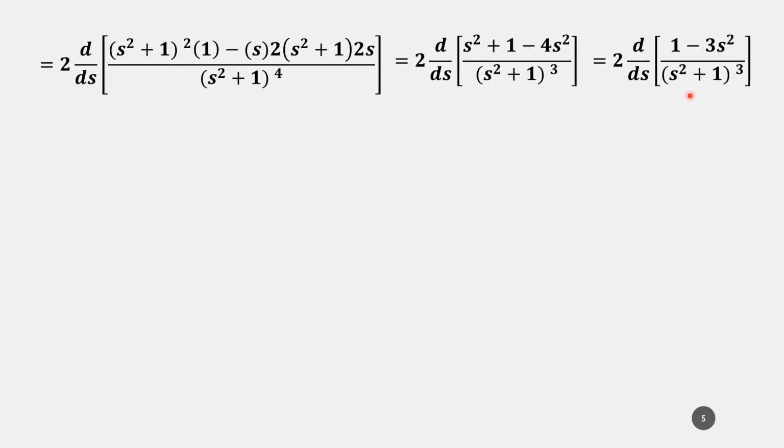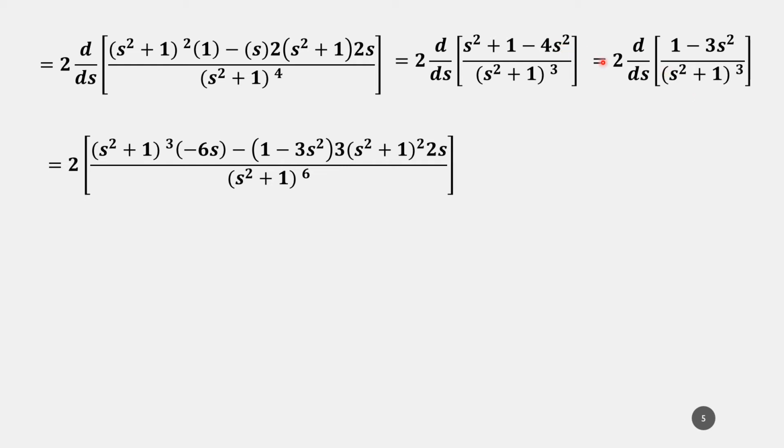So again v du, 2 is outside, v into du. The derivative of 1 minus 3s square is minus 6s, minus u. U is 1 minus 3s square into derivative of the denominator, that is 3 into s square plus 1 the whole square into 2s upon denominator square or v square, which is s square plus 1 the whole square.